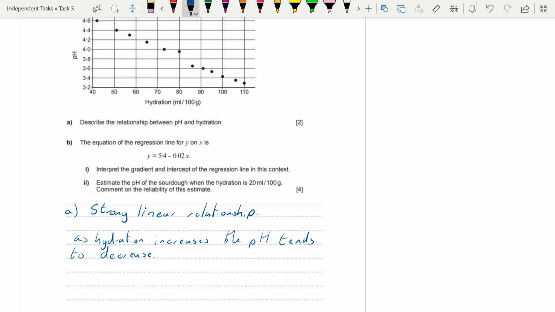Okay, so that's what's going to get me the 2 marks. So I've said it's a strong linear relationship, and then I've talked about what that relationship is. So as one increases, pH goes down, so it decreases.